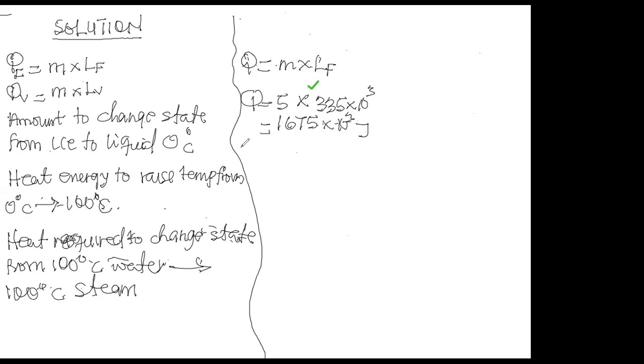So for the second stage, Q is equal to MC delta T, which is the mass 5, times the specific heat capacity of water 4,200, times the change in temperature from 0 to 100, so times 100. And this is already in joule because we have expressed the specific heat capacity in joules. Please, are we there?